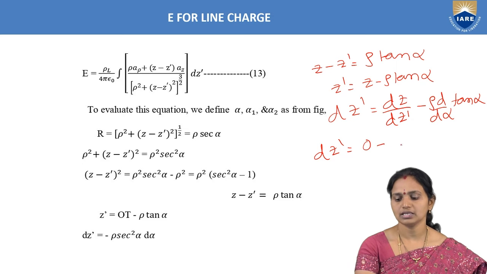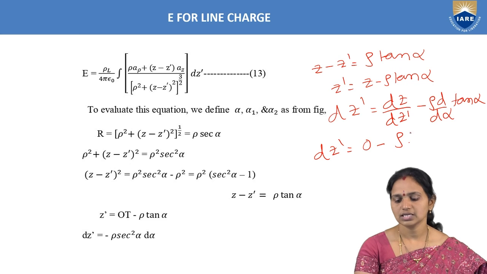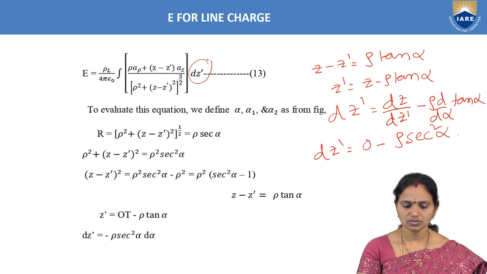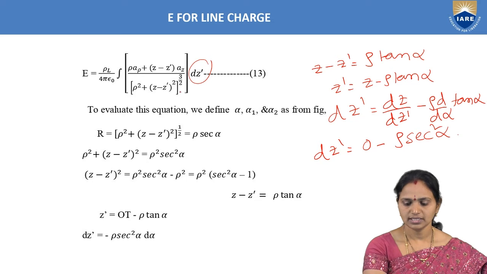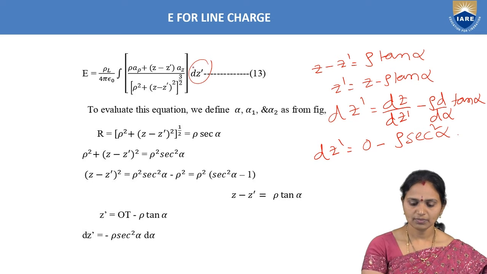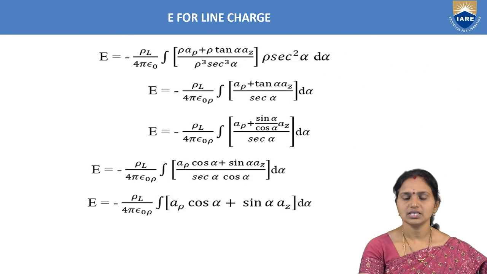It is 0 minus rho into d by d alpha of tan alpha, which is secant square alpha. So now we can replace dz dash with minus rho secant square alpha, and z minus z dash with rho tan alpha.